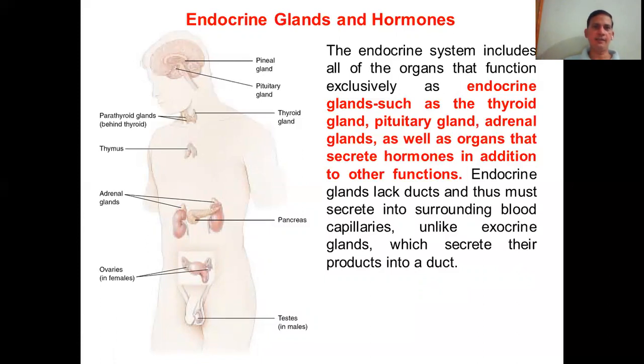These endocrine glands don't have ducts connected to them. They just secrete their hormones or chemical regulators into the surrounding blood capillaries. Now these blood capillaries pick up these hormones and transport them to different sites. If we talk about the exocrine glands, they have ducts and they secrete their product into the duct itself, and then it can be carried away.